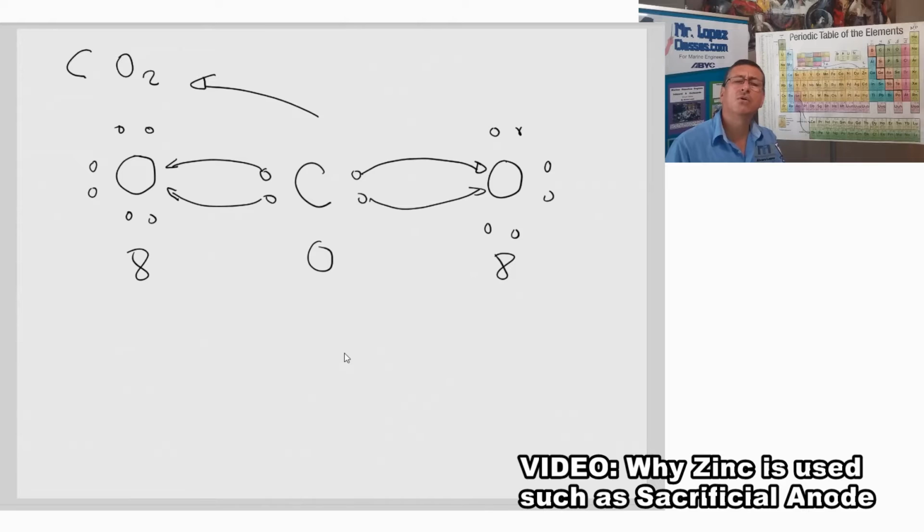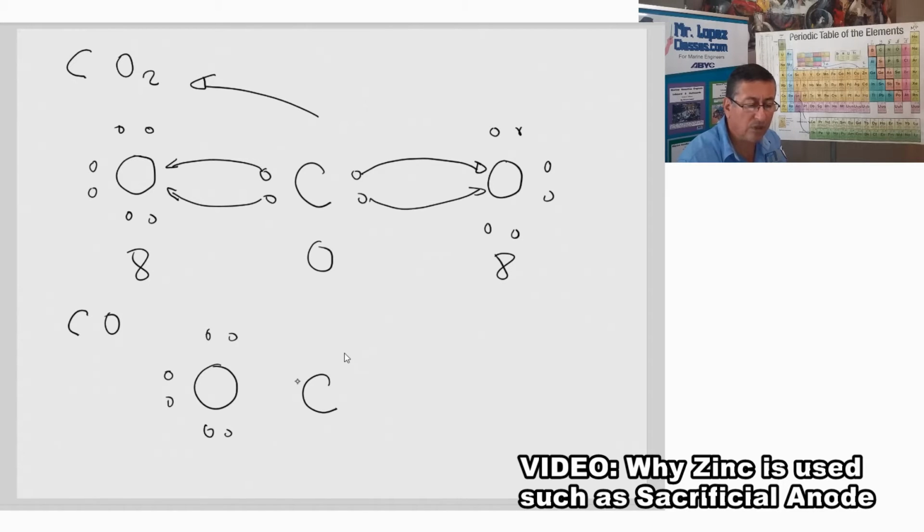What happens with the molecule of CO, carbon monoxide? I have only one carbon and only one oxygen. Let me check the oxygen with 6 electrons and the carbon with 4. Those two go here. But what about these ones? Is that molecule stable? No, that molecule is not stable because there are two free electrons.